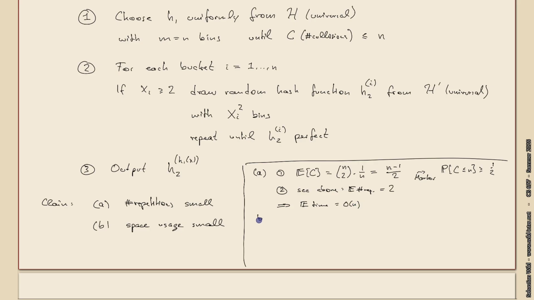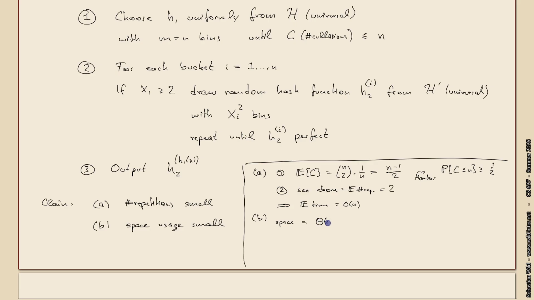Now for the second step, the space usage, if it succeeds the way we defined it, is upper bounded deterministically. The space we use is the space for the hash table cells and the hash functions. But that's, say, for the classes we looked at, 2 numbers per hash function.